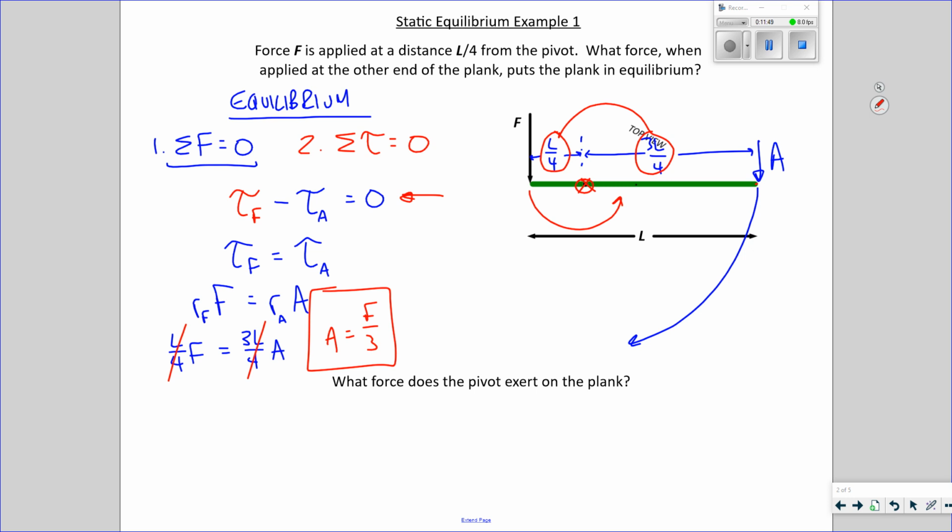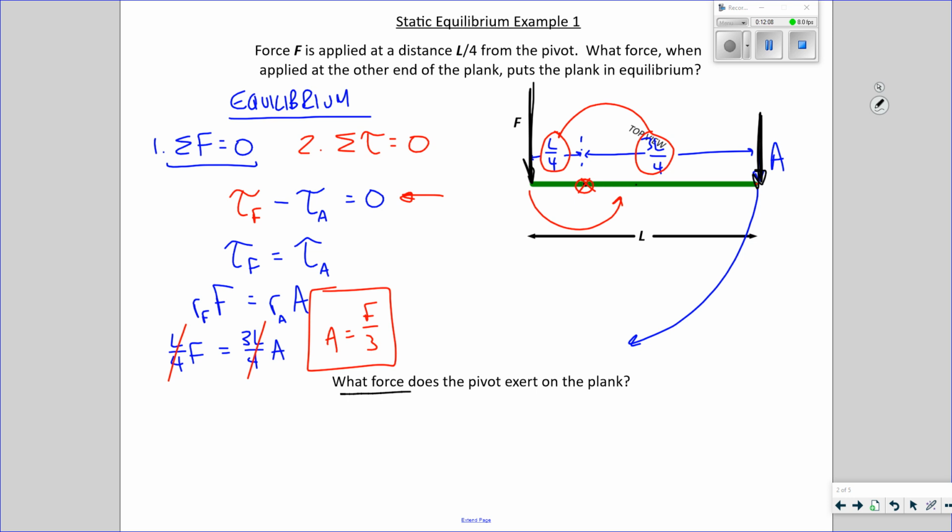Okay, now look at this. Notice we've got a force downward, another force downward, and downward doesn't really mean toward the floor, but whatever direction that is. But this thing's in equilibrium, right?